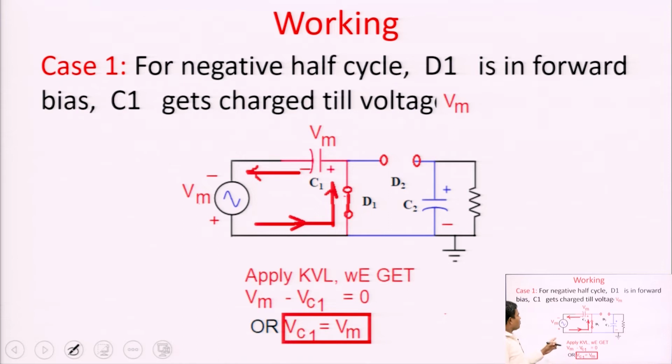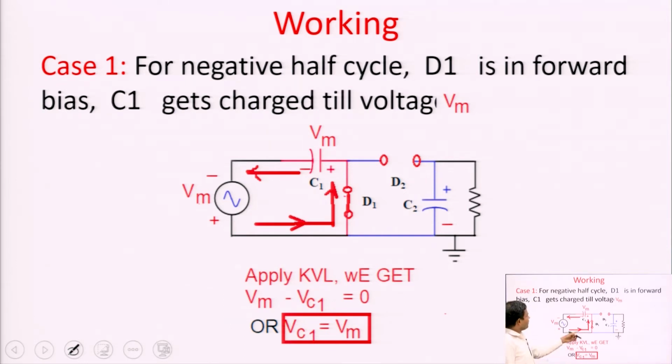Because the time constant through this circuit, that is the product of the forward resistance of the diode and the capacitance, tau equal to RC, is very small, because the forward resistance of the diode is very small. This means the capacitor C1 will get charged rapidly, till the peak value voltage Vm.